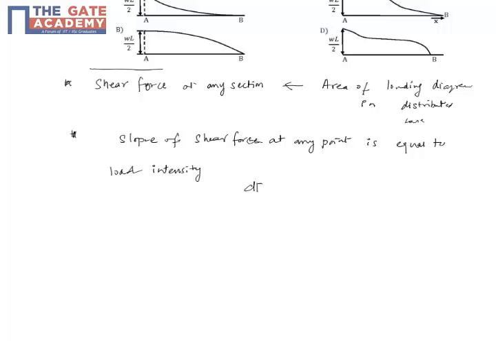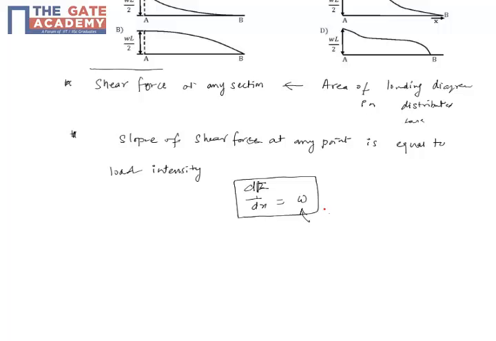So dF by dx, I should say, is equal to W. Depending on the sign convention, you may find a plus or minus here in some books, but the basic idea is that the magnitude of the slope is equal to the loading intensity.